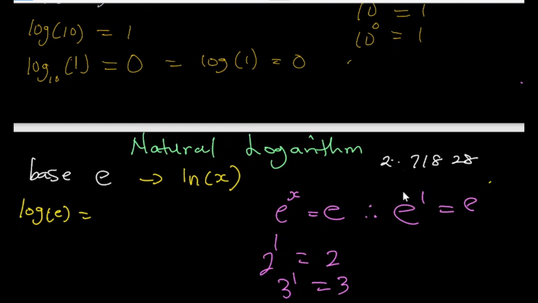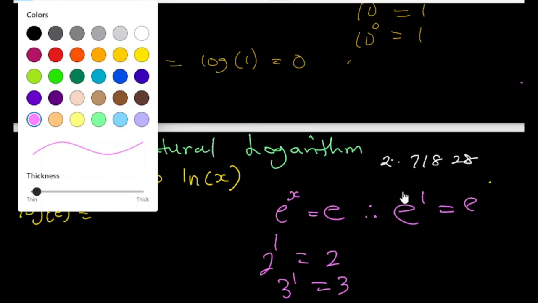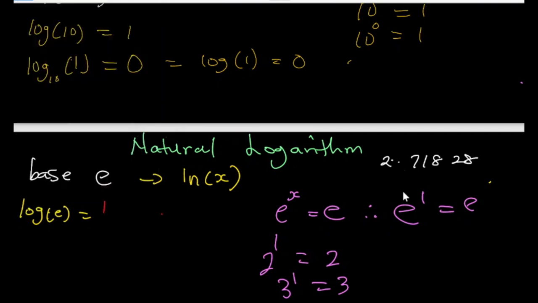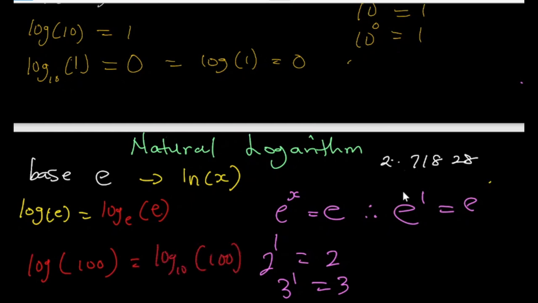Remember that this can be written as log e of e, because our base is e. Just like when we write log of 1000 or 100, this is log 10, the base is 10, of 100. So this doesn't confuse you. There is a base here which is e. So log of e to base e is asking by what power will e be raised to get e.